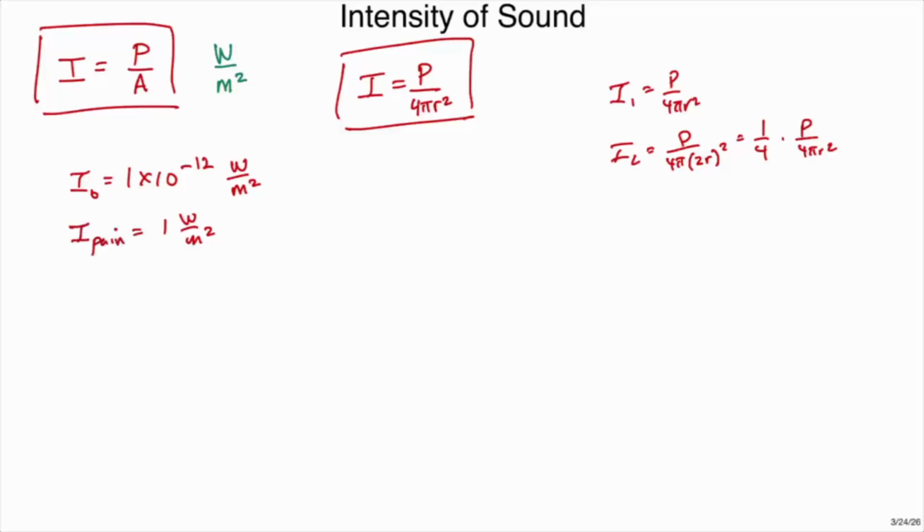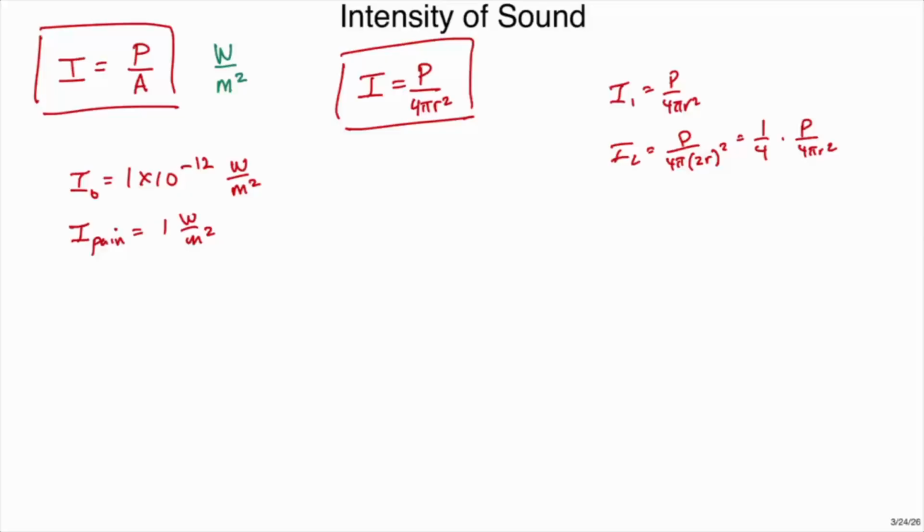What is the difference between when we barely hear something and when we go, ow, that hurts? What's the range? 1 trillion times difference. 10 to the 12 is a trillion, right?